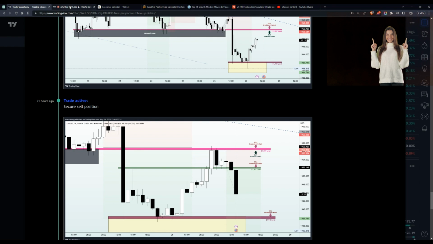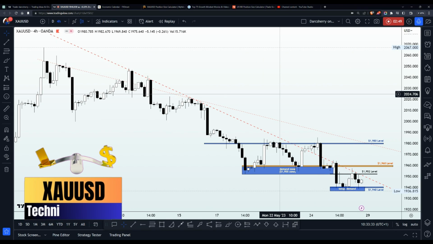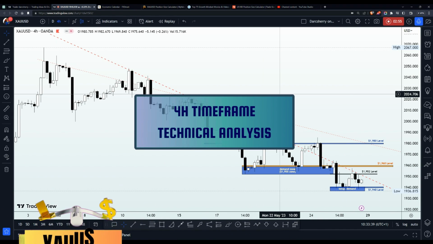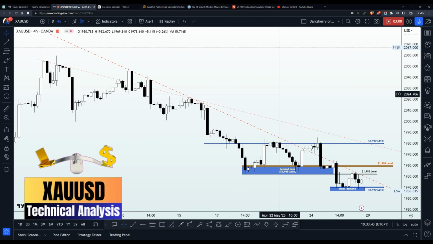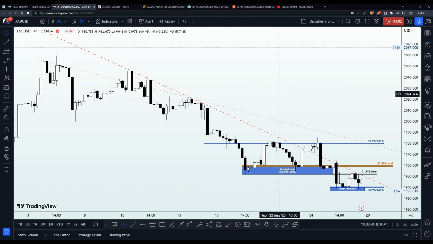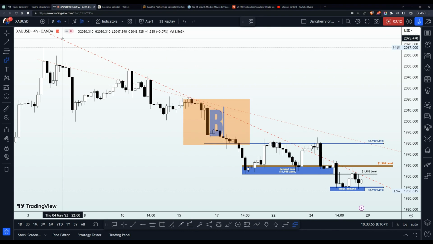So with that being said, let's dive right into the chart. And in this video, we are going to be deliberating on the 4 hours time frame. And what I did here was to take into consideration price action activity since the beginning of this month. And one important thing that you will observe here is the fact that price action has been bearish in this market.